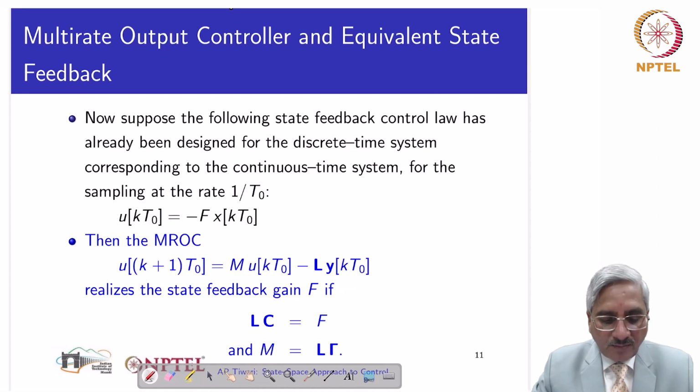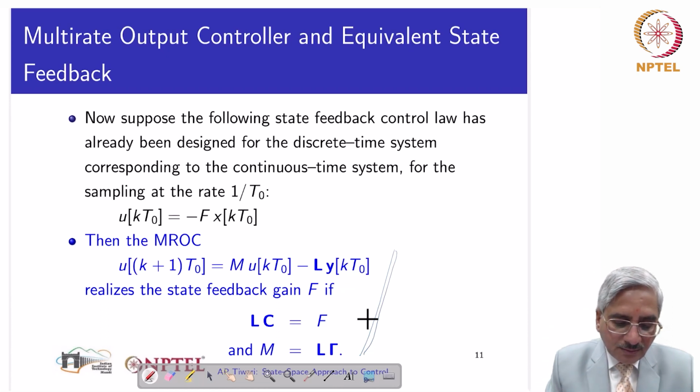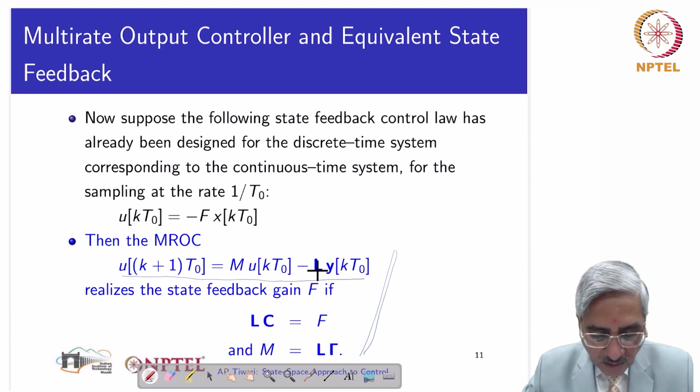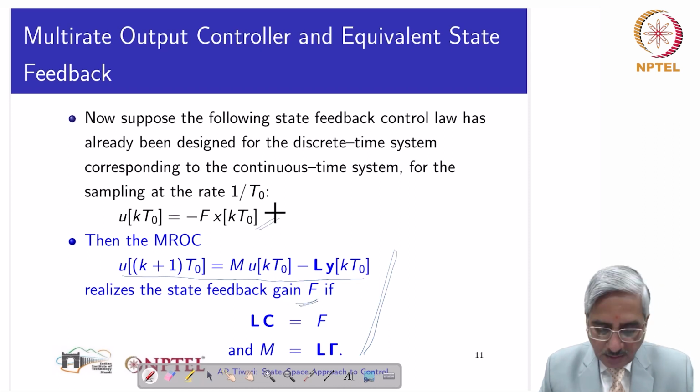And this is the statement we are making. Of course, we will prove it in the coming few slides, that this control law, which we saw a little while back, will actually realize the gain F in the state feedback control, subject to these two conditions.